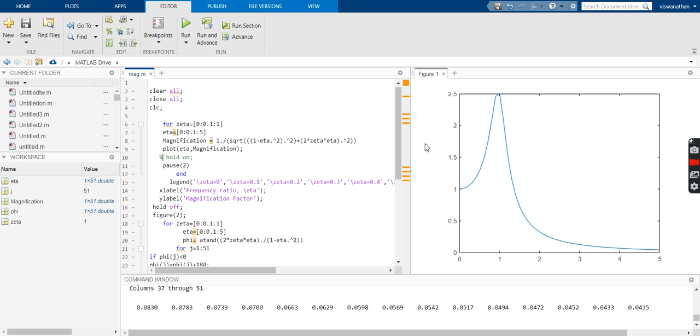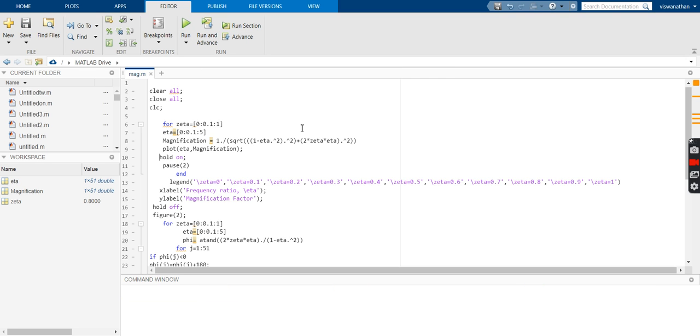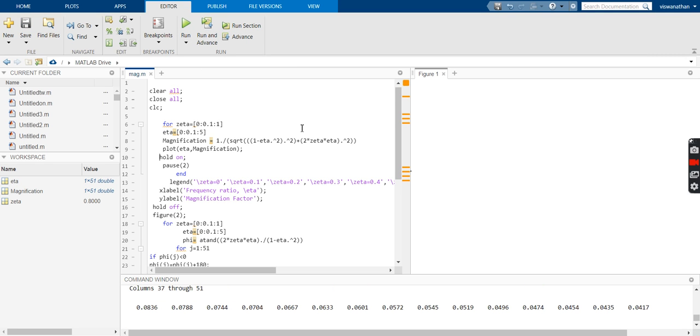You can see that for various values of zeta, the curve keeps changing for different values of zeta. So if we want to see all values of zeta in the same graph, we need to use the hold on code so that all the values of zeta are plotted in it.